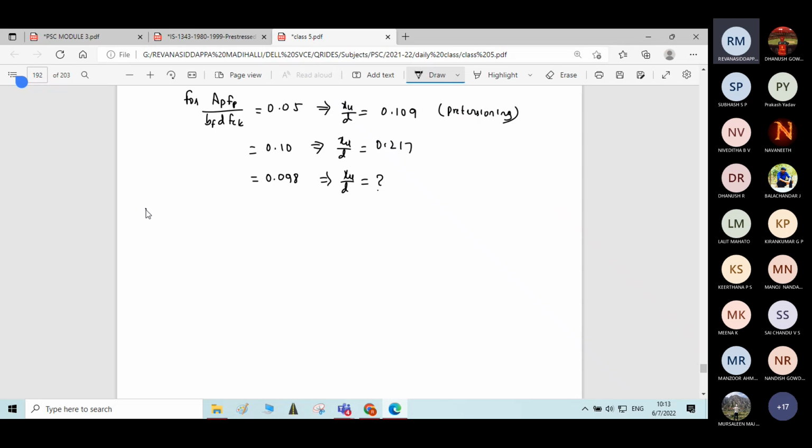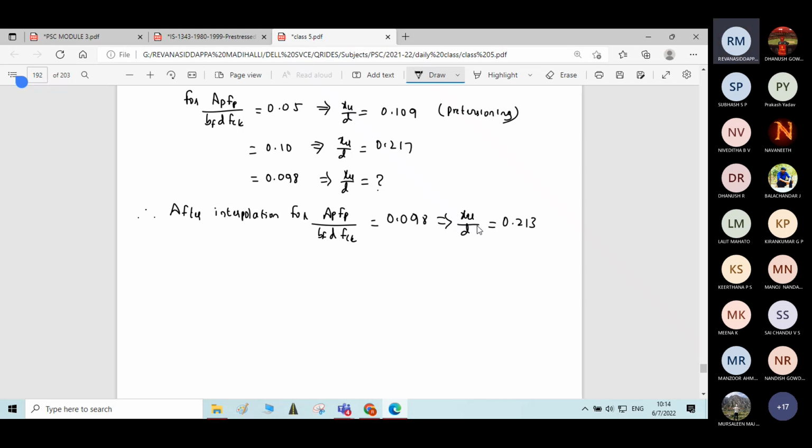Therefore, after interpolation, for Apfp by b d fck equal to 0.098, you will get the corresponding xu by d after interpolation as 0.213.